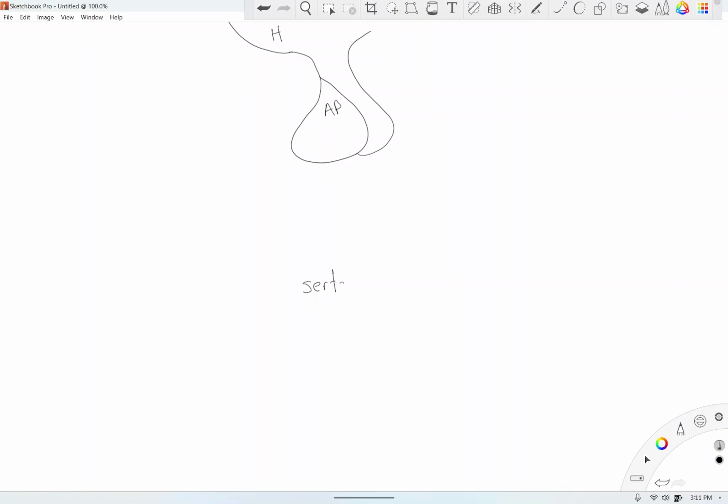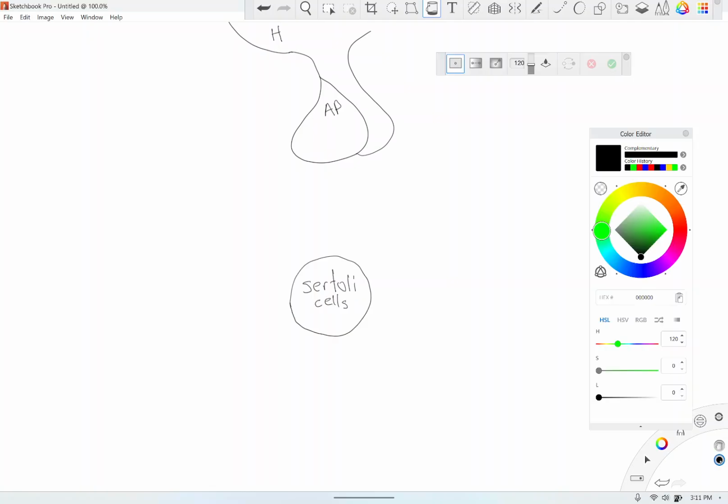The anterior pituitary is this yellow structure, and orange would be the Sertoli cells.